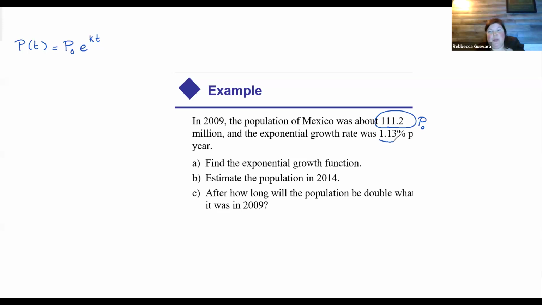The exponential growth rate is 1.13%, so I need to convert that into a decimal, which is 0.0113. So for A, our formula is going to be P(t) equals 111.2 e to the 0.0113t.